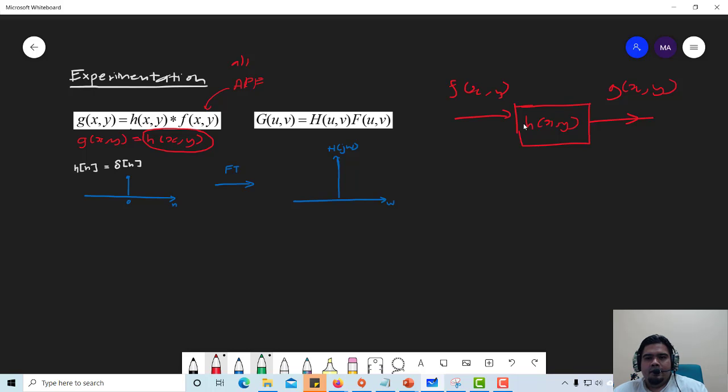So if I can generate some signal over here which looks like my all pass filter, then I can get the output image over here, which is similar to my h(x,y).